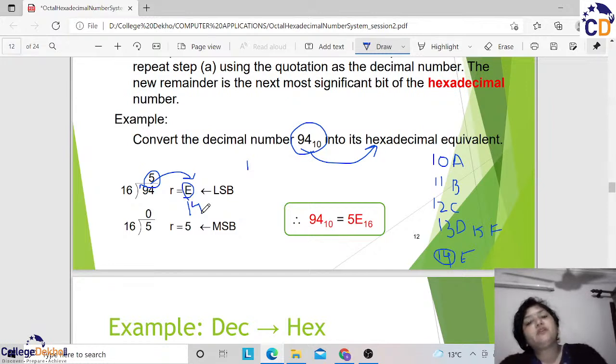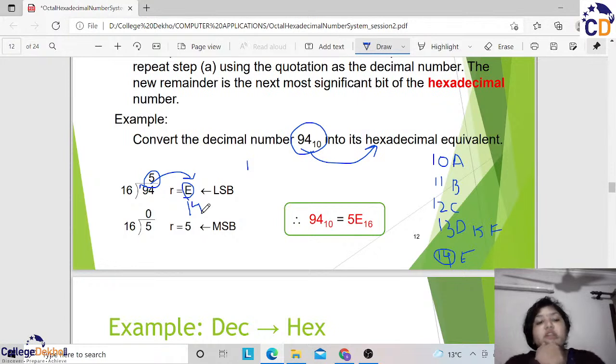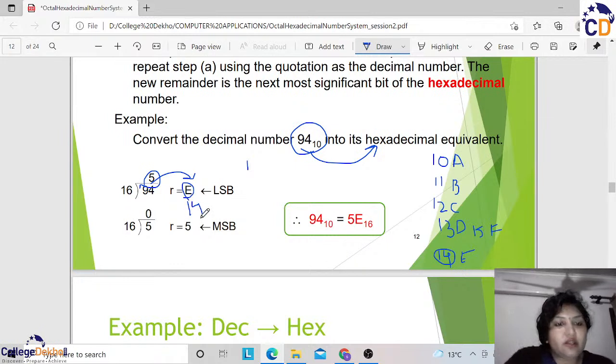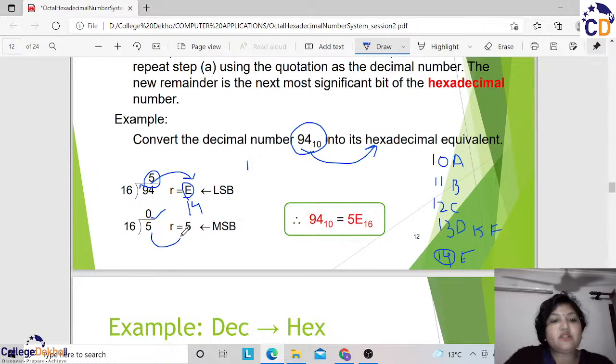The remainder should be less than the base value. But what symbol do we use in place of 14? It is E in hexadecimal representation. That's why we have taken E here. And then we get the quotient 0 here, so this is the last digit.